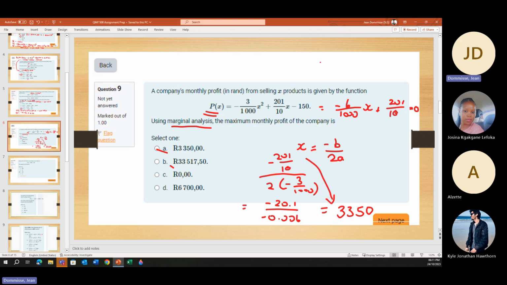Okay, so we need to put this back into the formula. Okay, so 3350, so let's quickly check. I must say this was not at all an easy one.